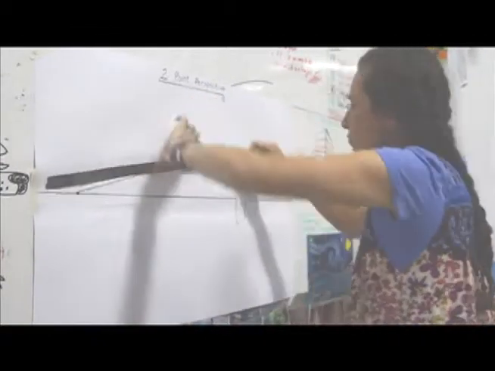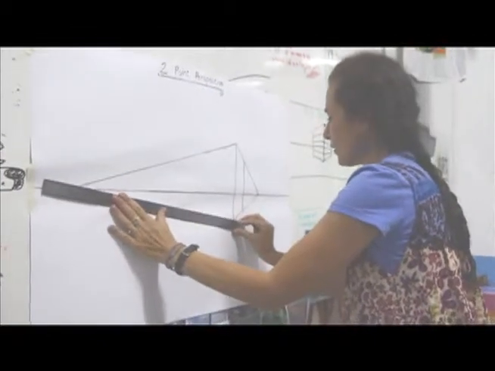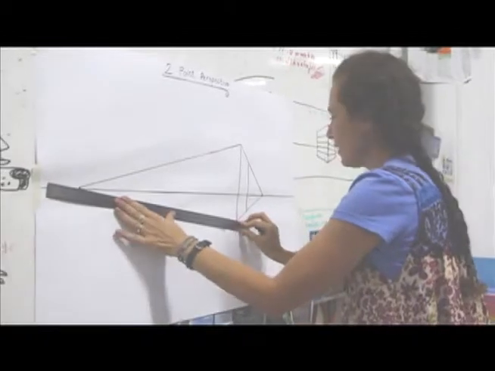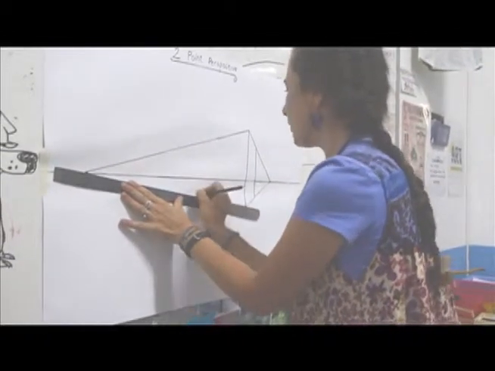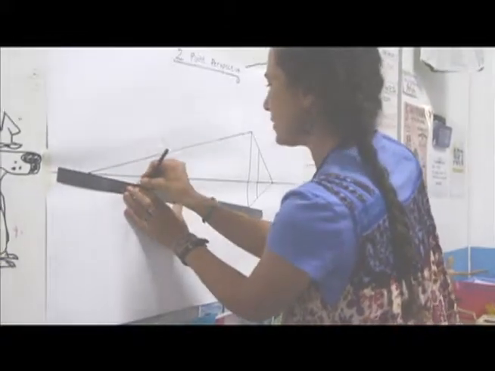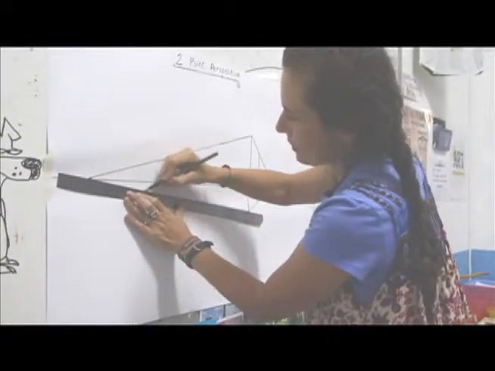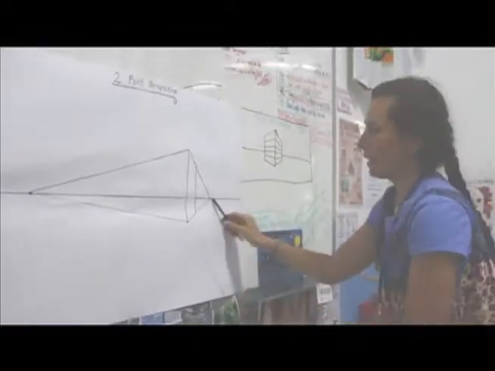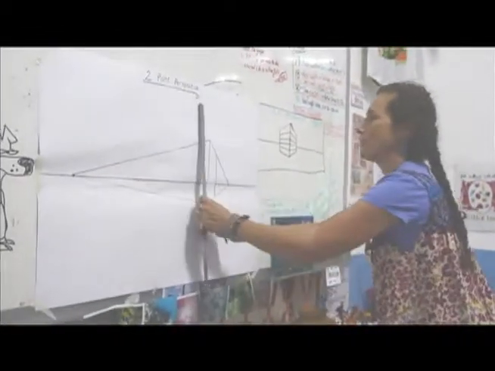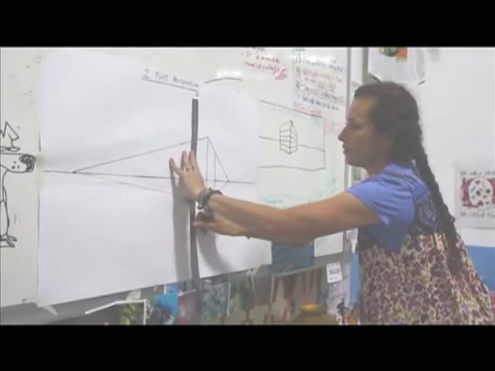Okay, now when all of your buildings follow this rule, they're going to have the same perspective. And remember what perspective is: things are bigger when they're closer and they get smaller as they go back in the distance. Does everybody see how to use those two points? One over here, one over there, wherever you put them on your horizon line. And then we're going to end our building.